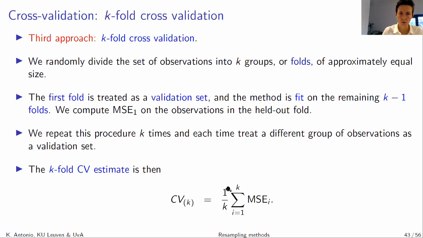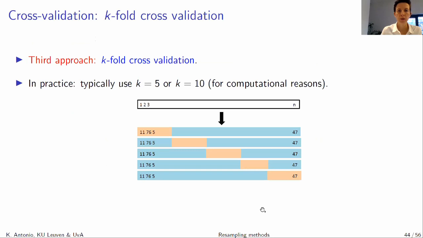So do keep in mind, this is an average over k mean squared errors that you calculated. And this k, that's the number of folds you're willing to construct. And typically we take the value of 5 or 10 for this k-fold cross-validation. So if we picture it, you'll get something like this. You take the available training data.